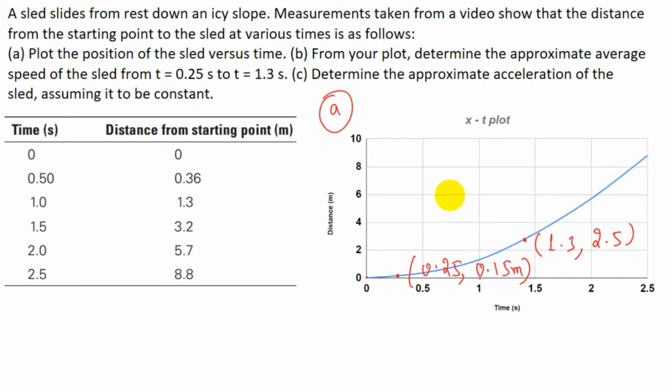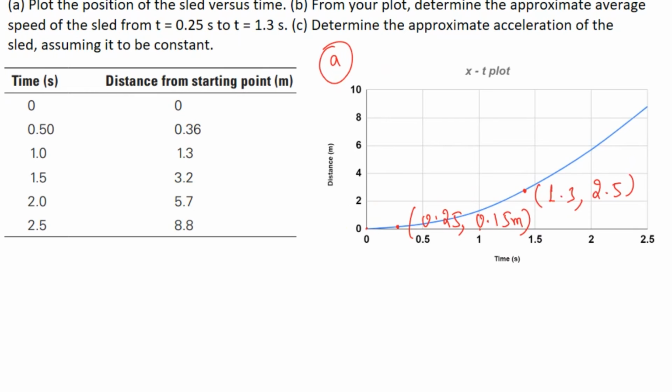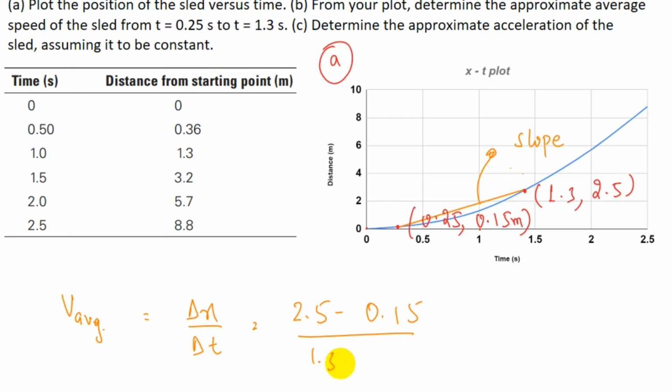Now we can easily calculate the average velocity from here. We can join these two points with a straight line, and the slope of this line will tell you the average velocity. So average velocity equals delta x over delta t. Delta x would be 2.5 minus 0.15, and delta t will be 1.3 minus 0.25.